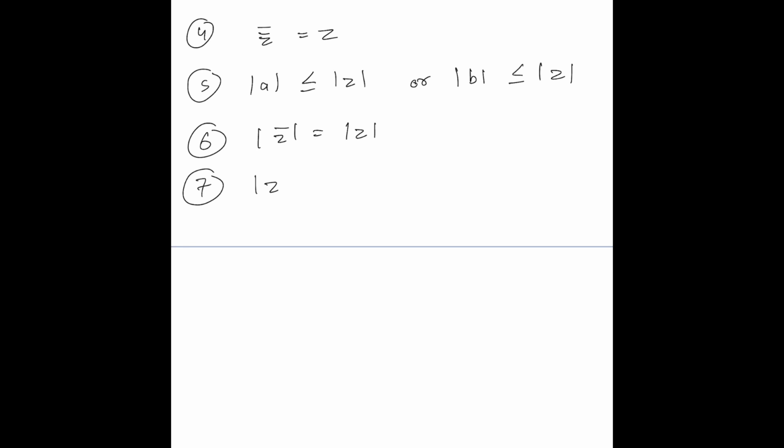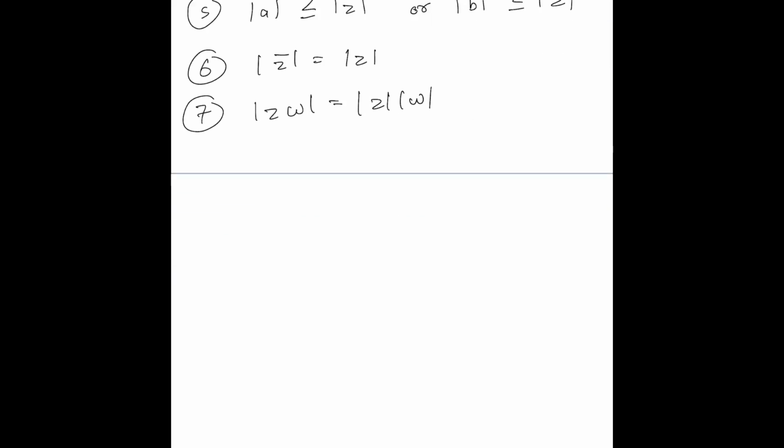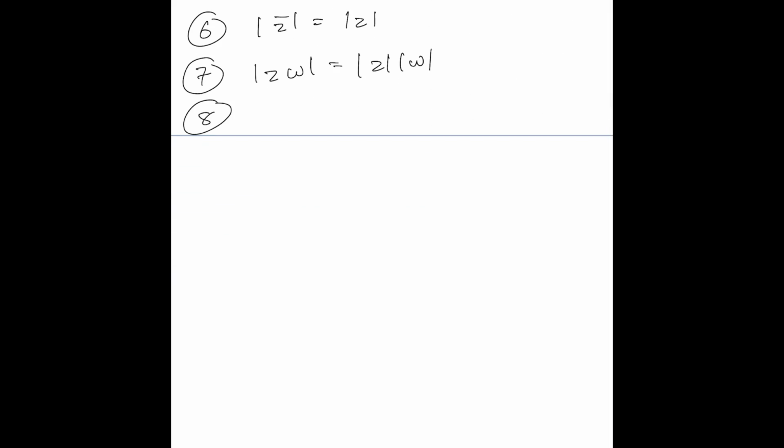The modulus of a product, you can write individually as the product of the moduli. The last property is that the addition of two complex numbers should follow the triangle inequality. That means the modulus of the sum should be less than or equal to the sum of the moduli of the two individual complex numbers.